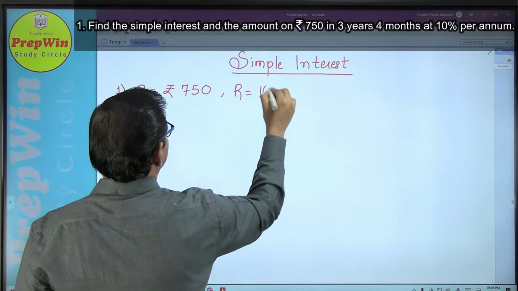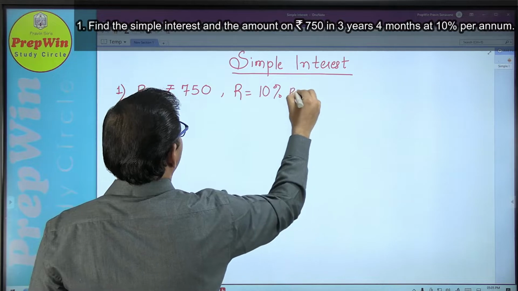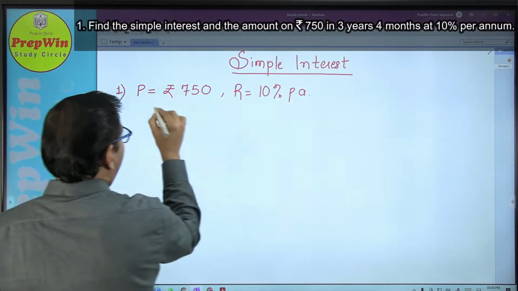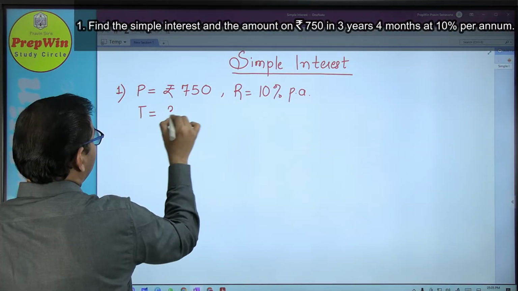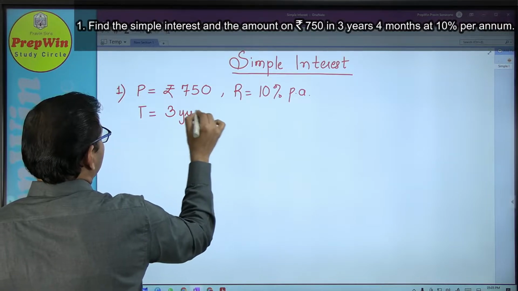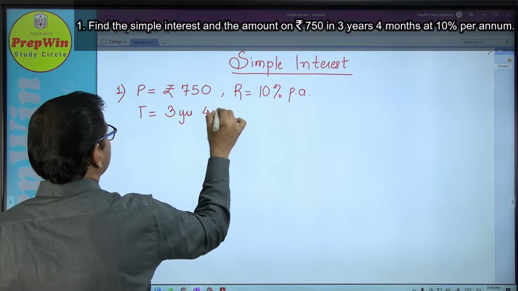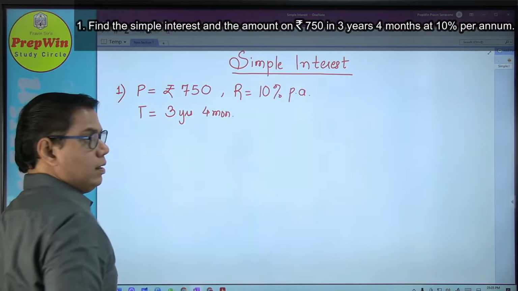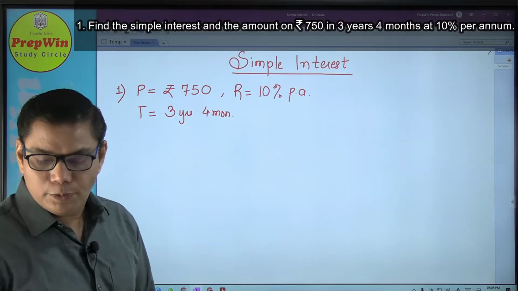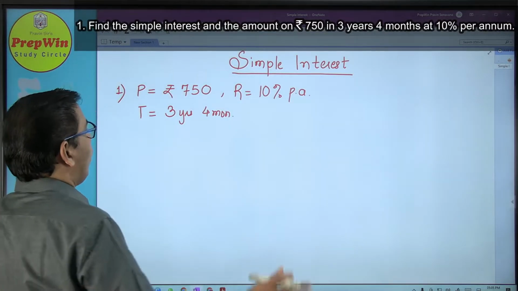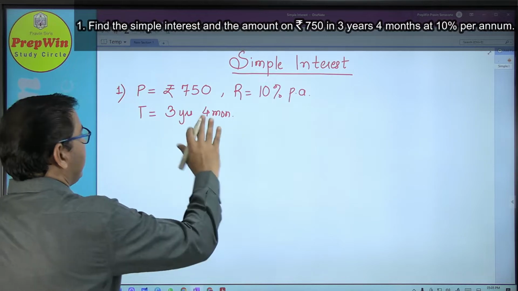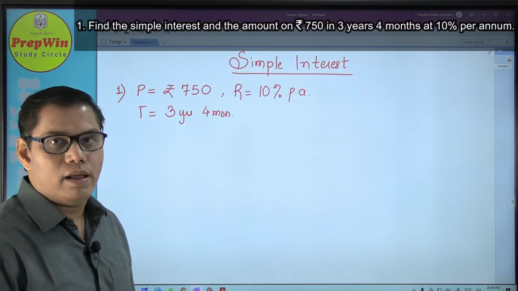Rate of interest is 10% per annum and period is 3 years and 4 months. Right? Now period is problematic over here. Why? Because either we want everything in years or everything in months.